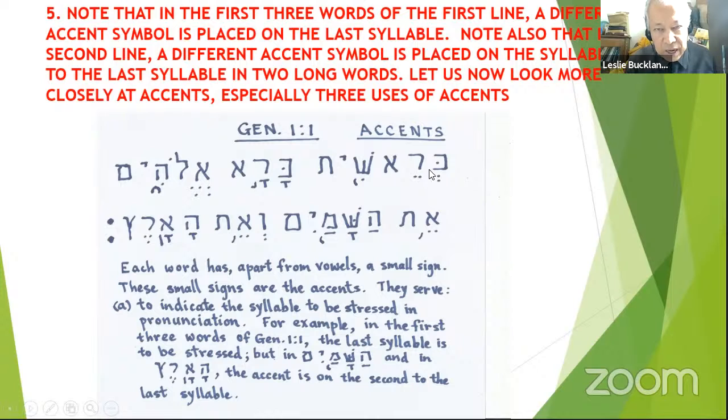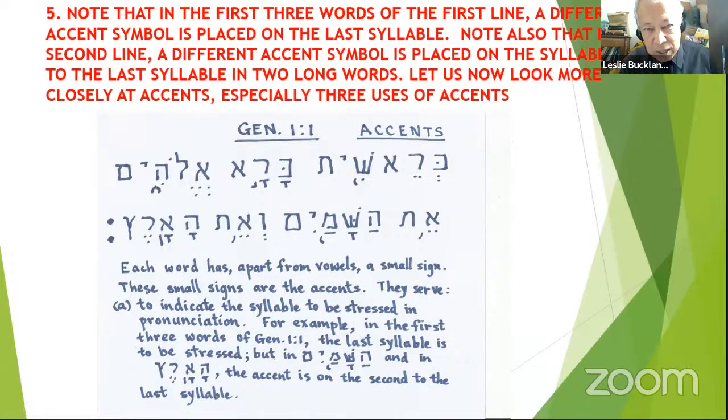This is a word that has 3 syllables. You have be, re, this is the syllable re, and this is the last syllable sheath, 3 syllables. And the accent mark is placed here, and sheath is the last syllable. I just finished telling you that the accent mark is not placed in the last syllable.